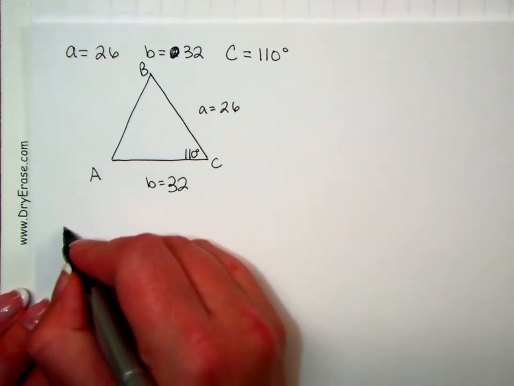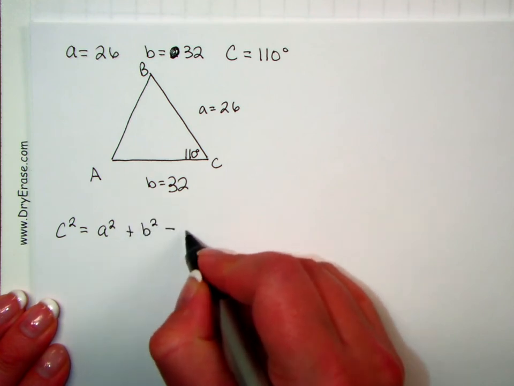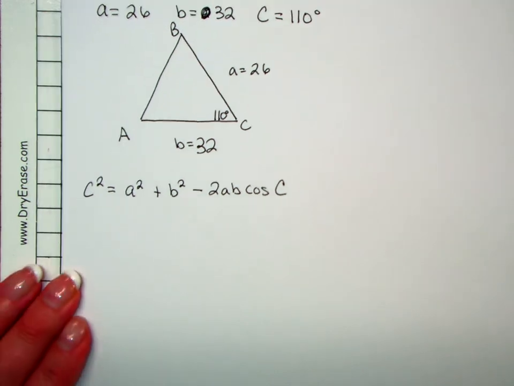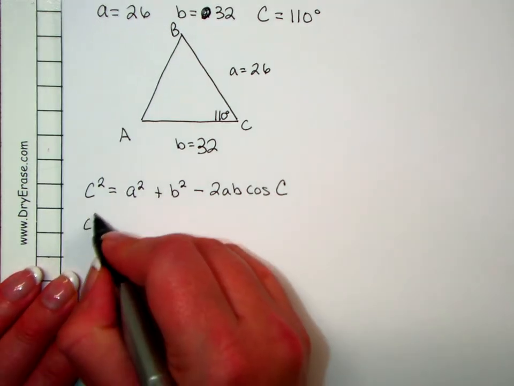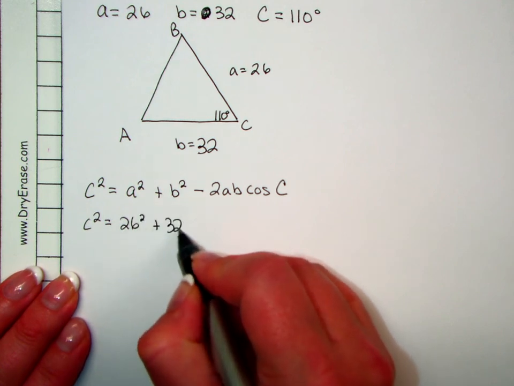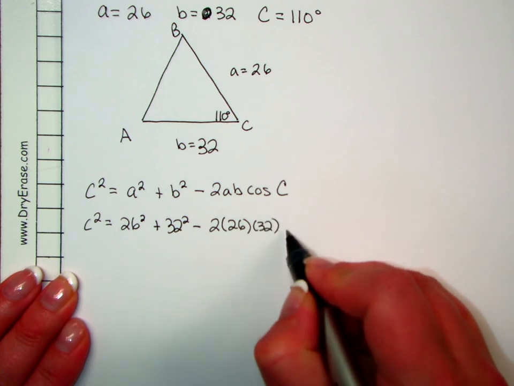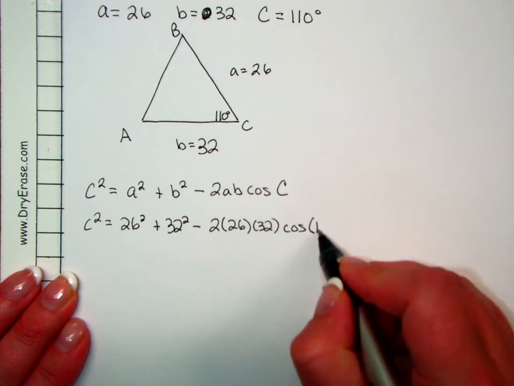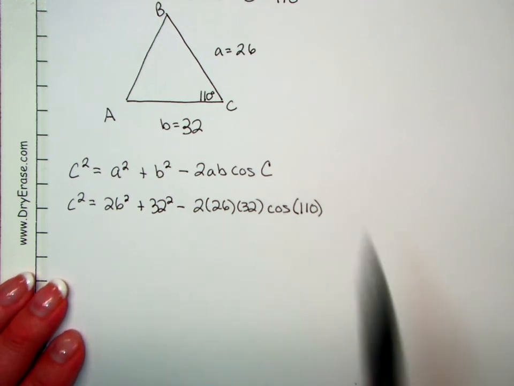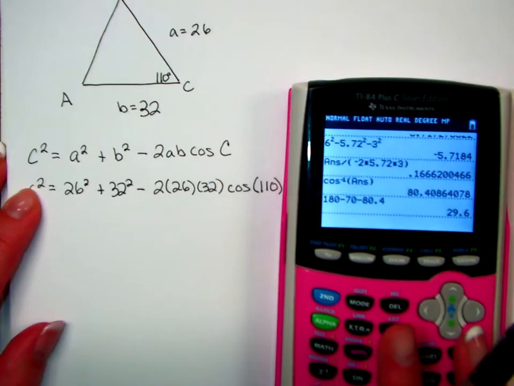So I know c squared equals a squared plus b squared minus 2ab cosine C here. I'll go ahead and plug the numbers in. 26 squared plus 32 squared minus 2 times 26 times 32 times cosine of 110. Just type it in straight across on your calculator. Let your calculator do those order of operations for you.